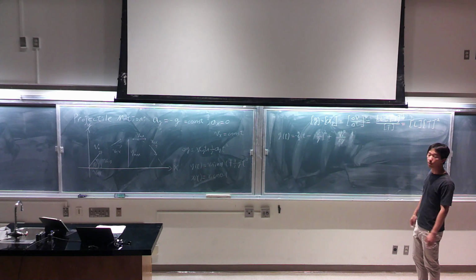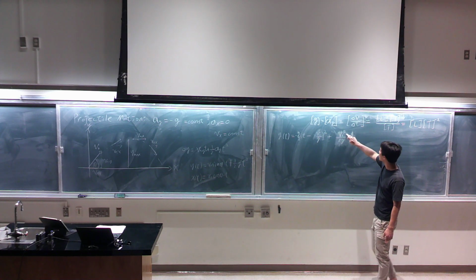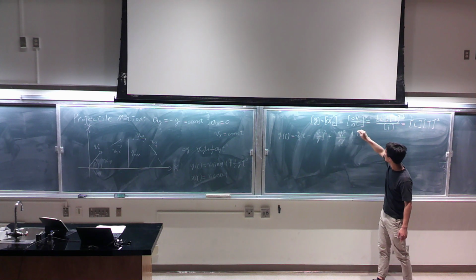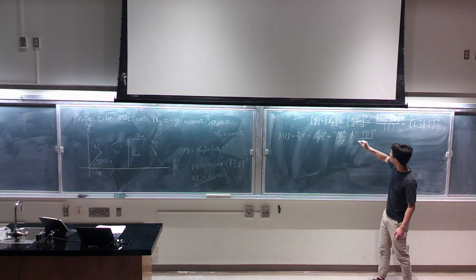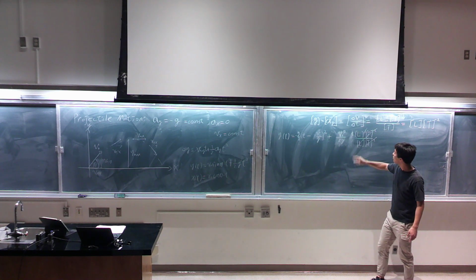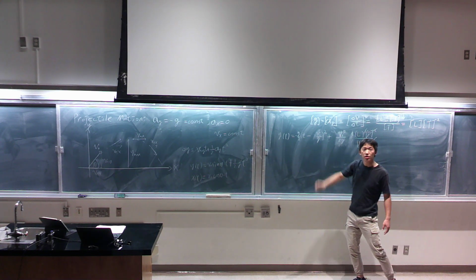We can check the dimension again. V naught squared is length squared t to the minus 2. G is length t to the minus 2, so this thing is a length, which is the dimension of y.